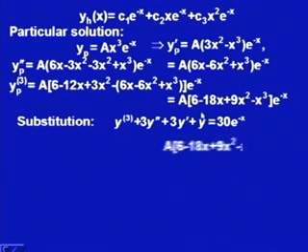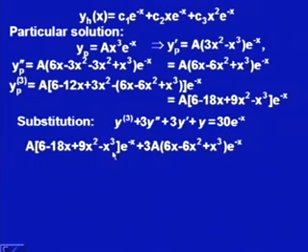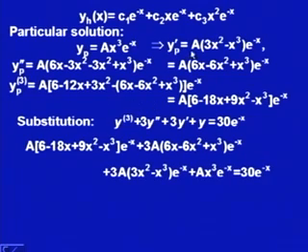Substitution: a times (6 minus 18x plus 9x square minus x cube) e to the power minus x plus 3 times y double dash, that is 3 times a (6x minus 6x square plus x cube) e to the power minus x, plus 3 times y dash, that is 3 times a (3x square minus x cube) e to the power minus x, plus y, that is a times x cube e to the power minus x. This must be equal to 30 e to the power minus x. So, what we are saying is that this is a particular solution of this non-homogeneous equation.